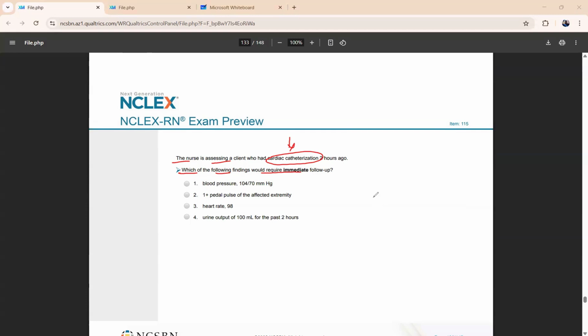Now, immediate follow-up means that after the surgery, there's a problem, a complication, and we are trying to report that to the doctor or follow up on that. So all you need to do is check your answer keys and find out which of the following findings here is a problem or a sign of complication to that particular surgery.